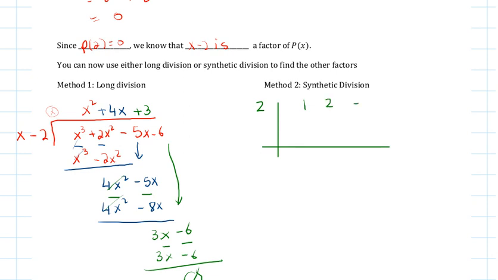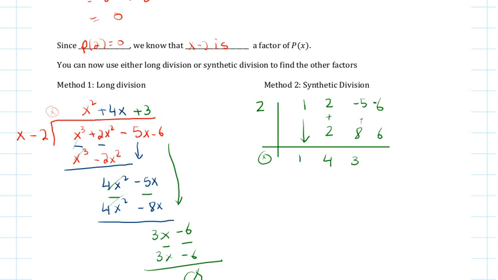Now we can try the synthetic division. We should end up with the same answer. So my factor is 2, and then I have 1, 2, negative 5, and negative 6. Bring the 1 down. I'm multiplying. 1 times 2 is 2. And I can add.